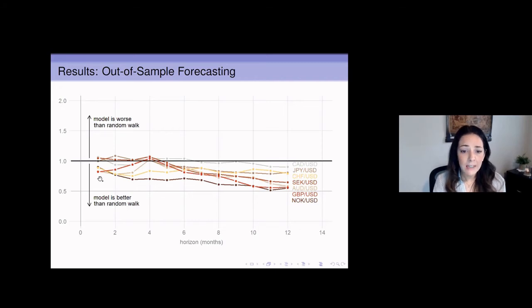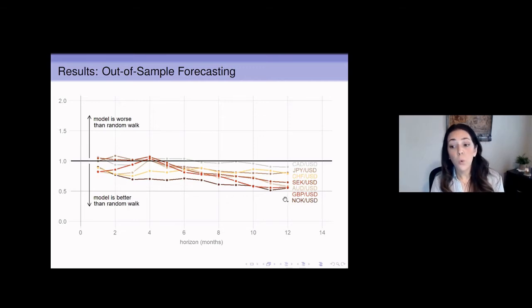Now you can see that we have a very similar pattern for short horizon forecasts, like 1 month or 2 months, 3 or 4. My model is typically doing better than the random walk for some currencies, but not for all.